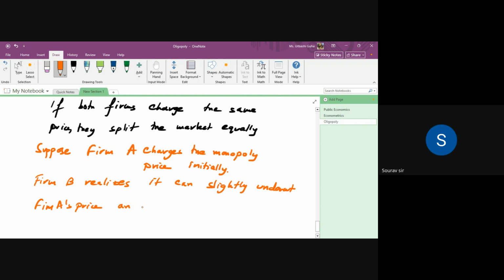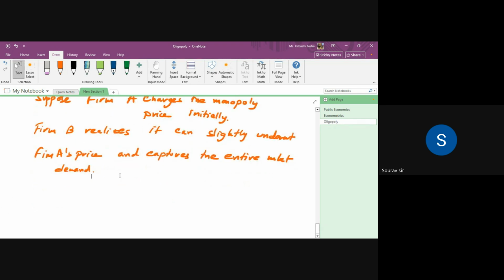Obviously, if it reduces the price, it has a propensity to capture the entire market demand. Correct? So firm A, by retaliating and lowering the price, reclaims the market.